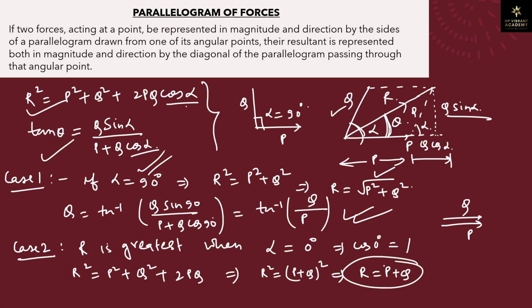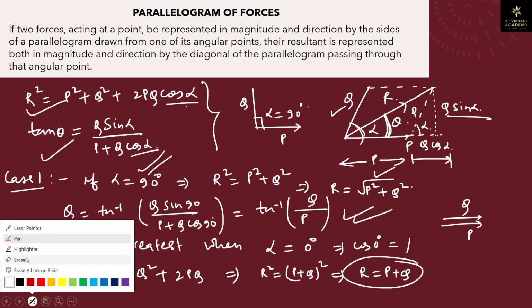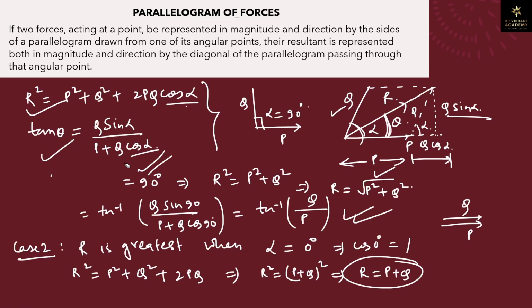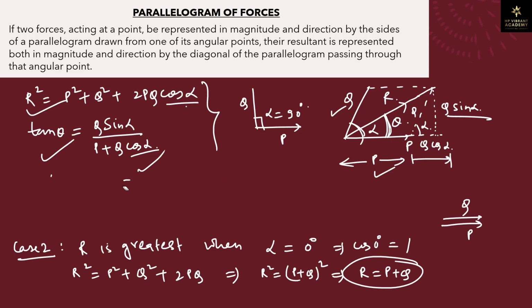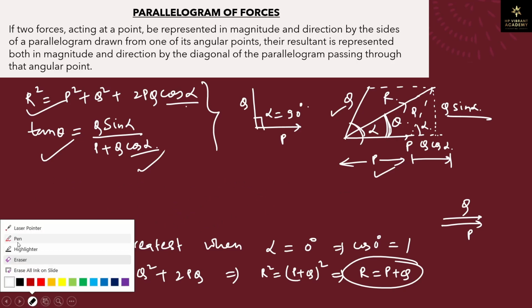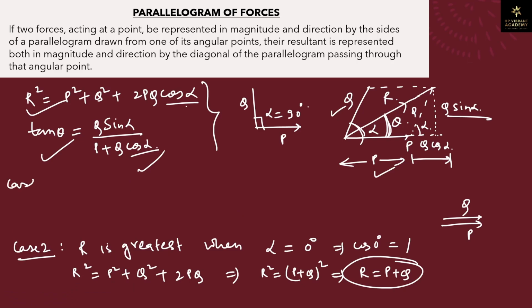And when R is minimum, let us take this as case 3. R is minimum when alpha is equal to pi.